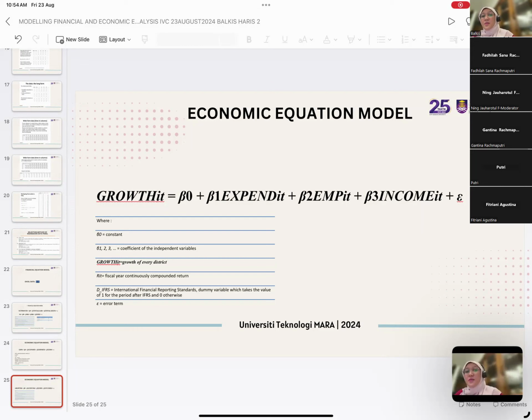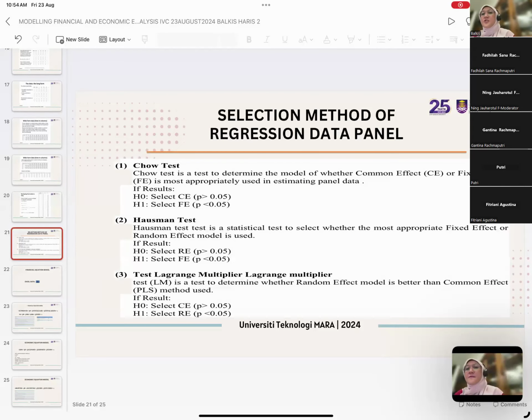The first step is the selection method: Chow test, Hausman test, and LM. But before we come up with all these, we have to make sure that all the assumptions are met. So we must check all the assumptions first.